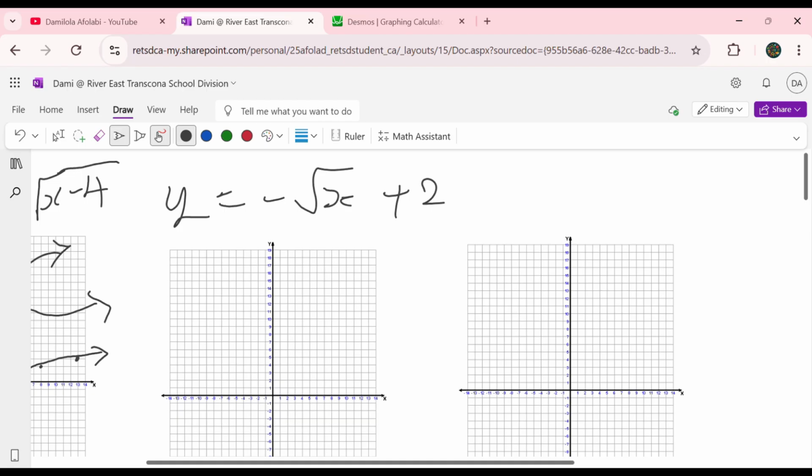Okay, 0, 0 gives us, on the x-axis, nothing, it remains 0, and on the y-axis it will be negative 0 plus 2, which is 2, so 2, 0. And then 1, 1 would go negative 1 plus 2, 1.